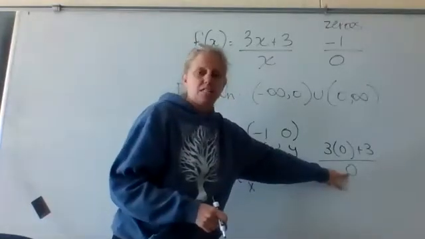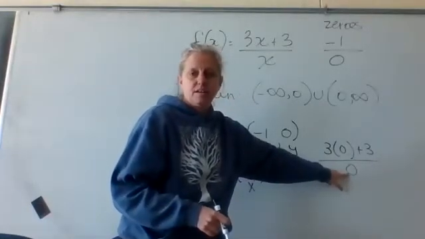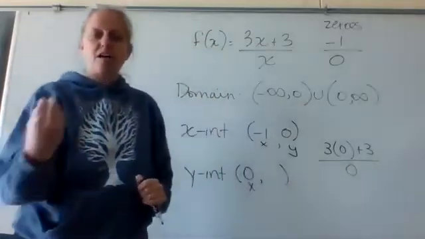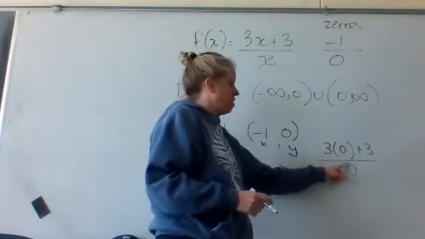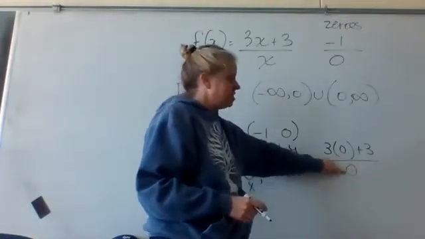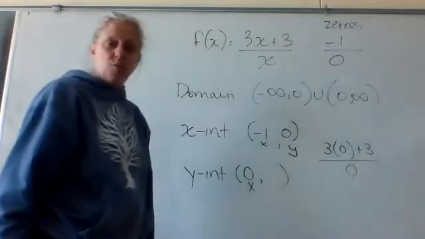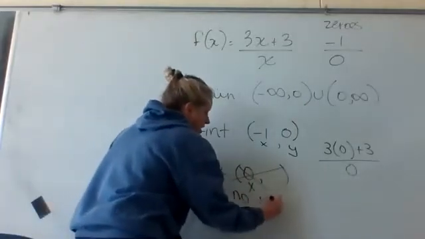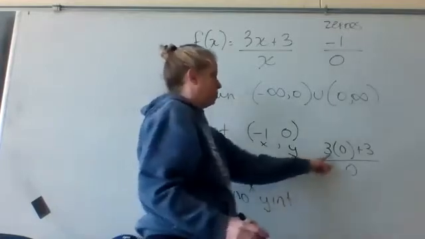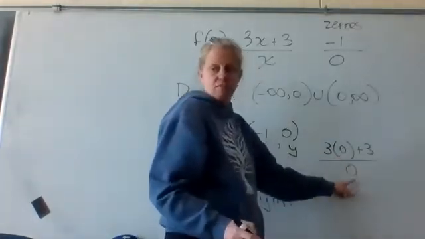If you have a denominator of 0, that's undefined. So if in the process of replacing all your x's with zeros like we've done here, it turns your denominator into 0, that just means there is no y-intercept. You're not going to be able to put a point here, right?